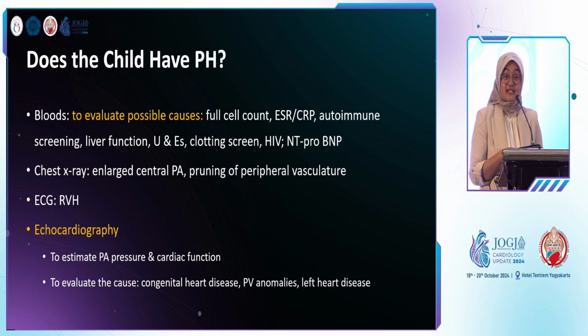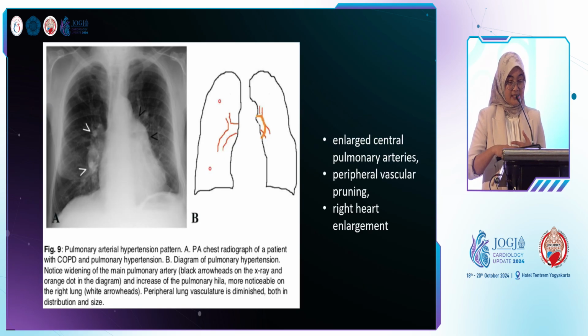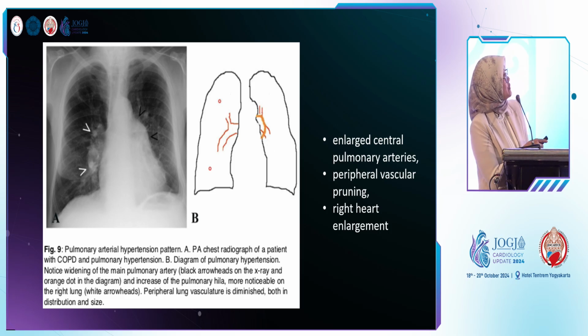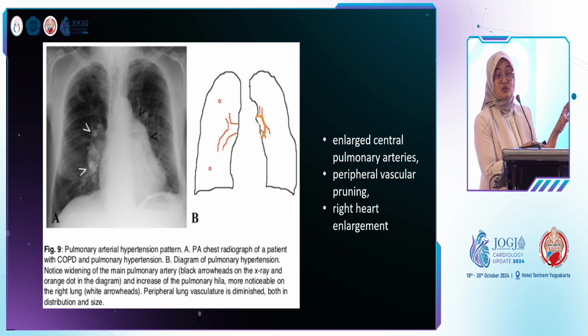We can investigate pulmonary hypertension, for example, using blood biomarkers, especially to evaluate the possible causes of pulmonary hypertension. From the chest X-ray, we can also detect pulmonary hypertension early, but in the early situation, it may be difficult to see such signs.